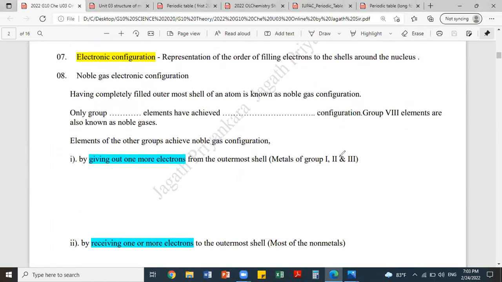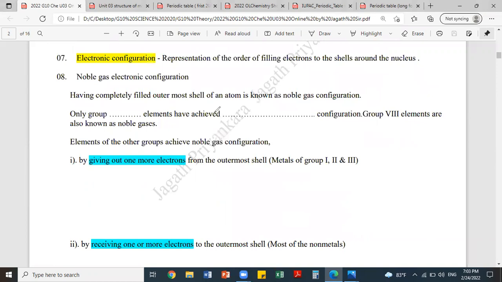Right. Now electronic configuration means the representation of the order of filling electrons into the shells. I told you all the electrons do not occupy the same level. So this is the order of filling electrons into the shells. That means the lowest energy level should get filled first.